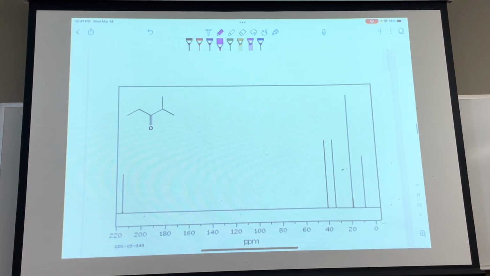All right, what about this one? We said we were expecting 5, and I think that's what we have. 1, 2, 3, 4, 5. All right, so that's good. Do we think we could figure out which one is which? I'm just going to give these letters, and then we can go through and see if we can assign them.